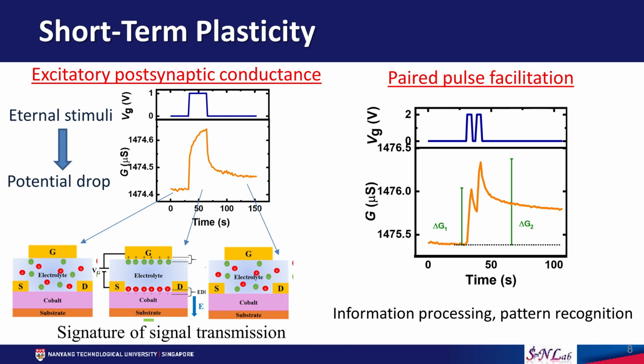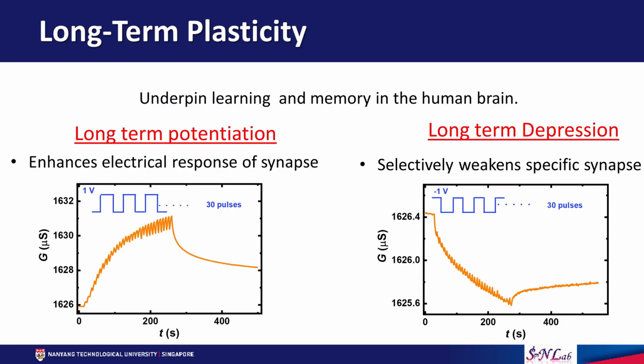Then we emulated another important form of synaptic plasticity, that is long-term plasticity, in slide 35. Long-term plasticity is very important because it underpins all the learning and memory happening in the human brain. As it is long-term, the change is retained for a longer time and the change in synaptic weight is also massive.